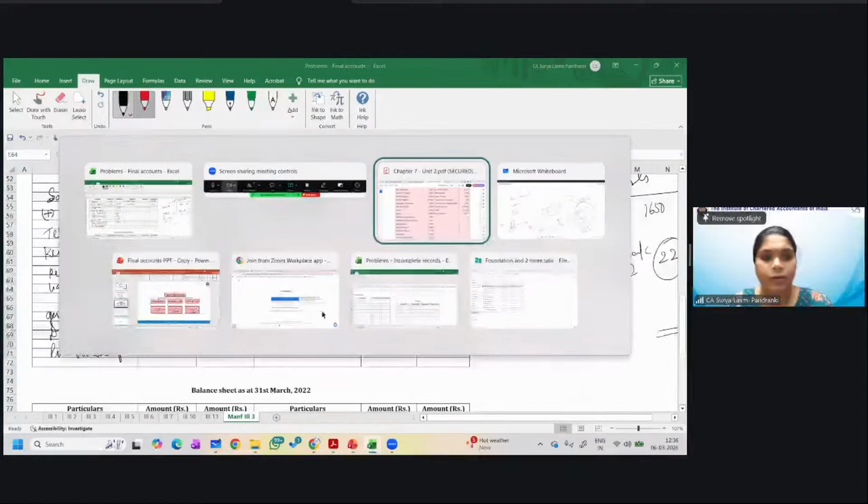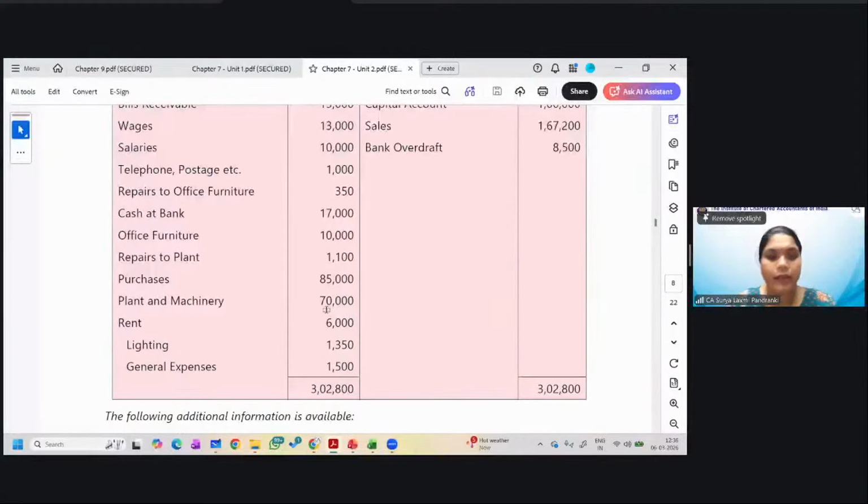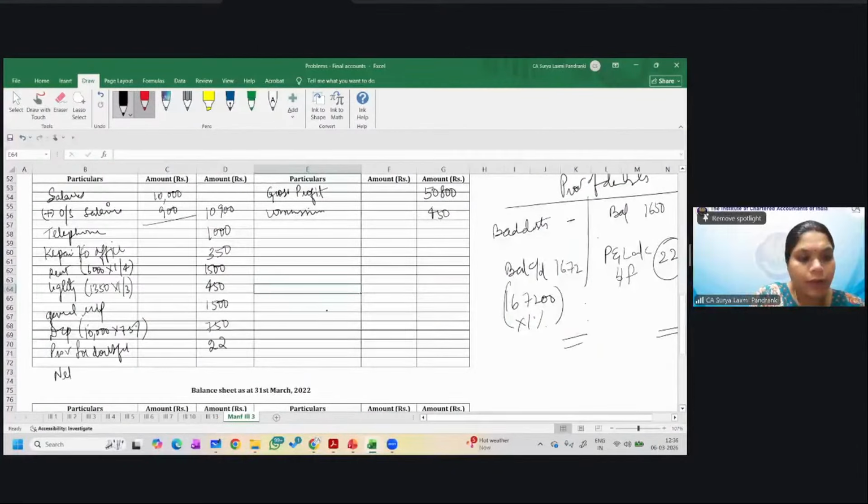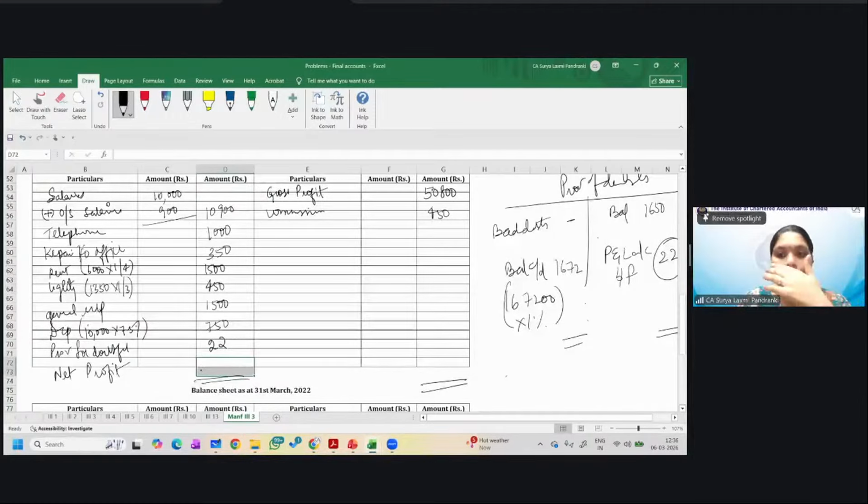Rest all we have taken up. I think calculate the net profit now. Calculate the net profit. 34,775, is that right? 778. Okay.